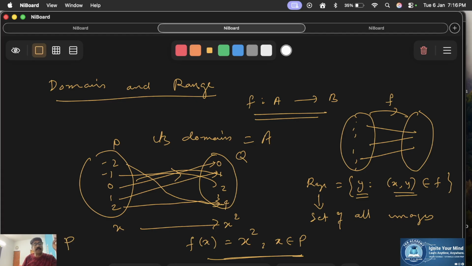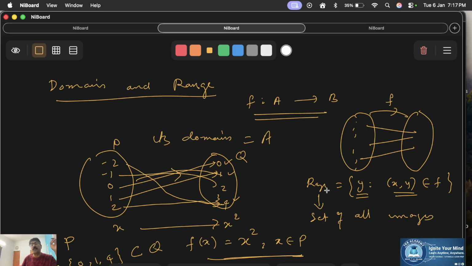And what about the range of the function f? The range of the function consists of the images 0, 1 and 4. That means the squares of these elements in P: 0, 1, 4. You see that {0, 1, 4} is clearly a proper subset of Q in this case.